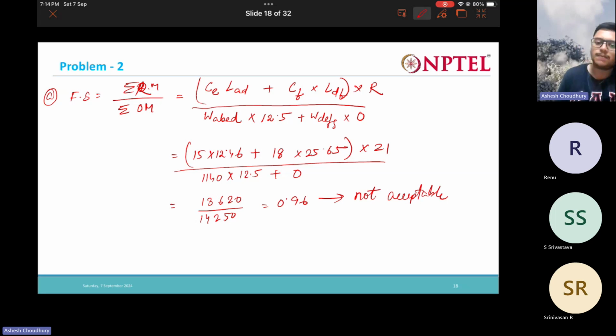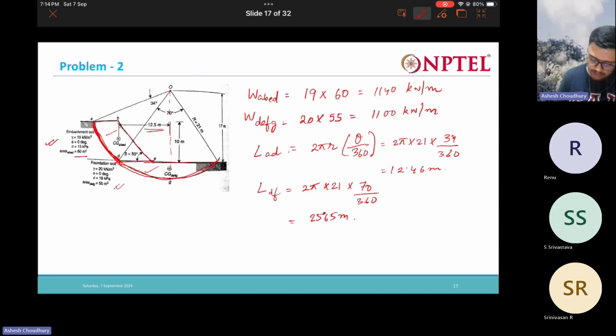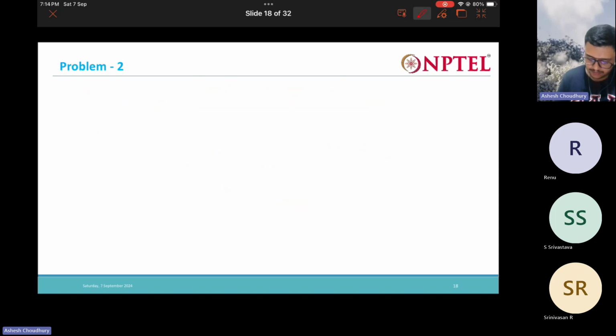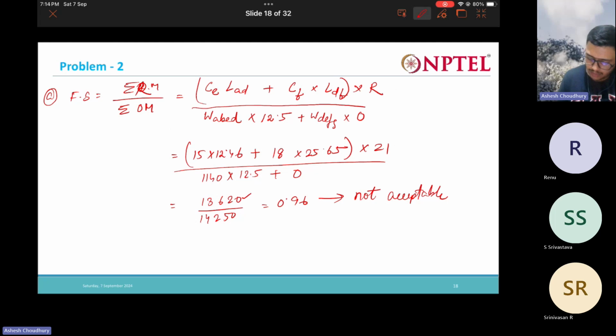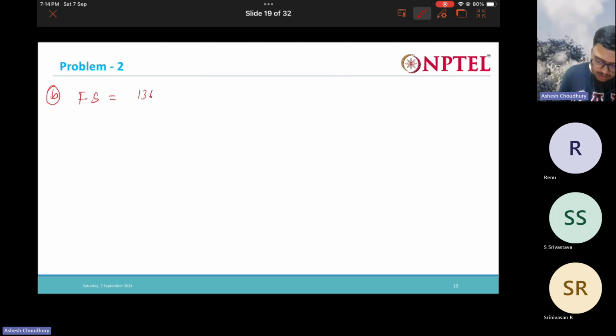Now, the second part of the question asks: if there is only one reinforcement here, I will erase other things. If we have one reinforcement here, then what is the case? Then what will happen? So how to do that? What was our resisting moment? 13620 plus a term will come from the strength of the reinforcement, right?